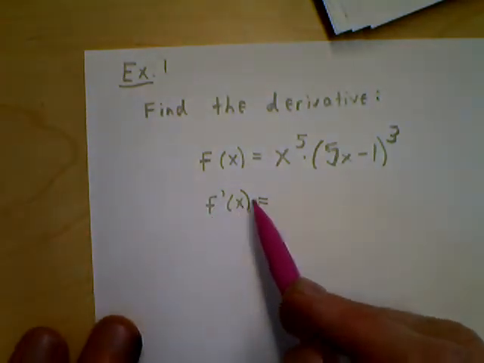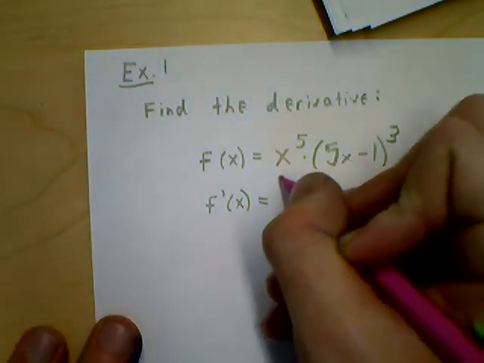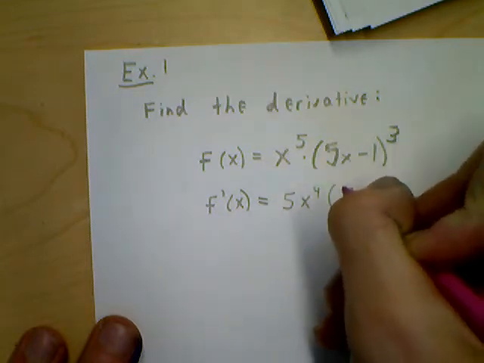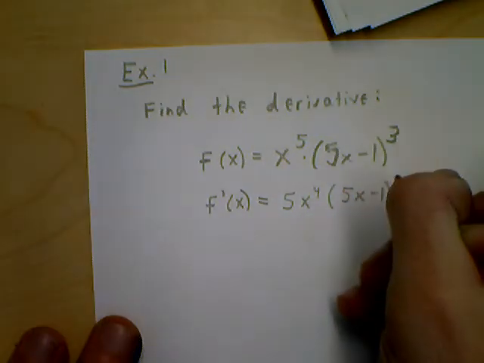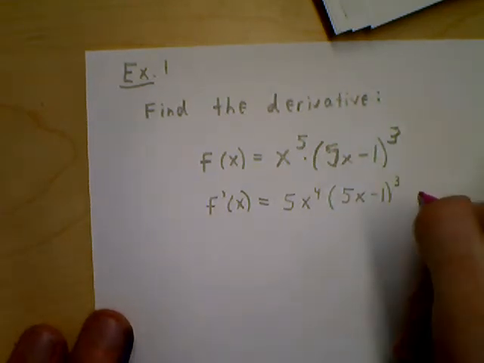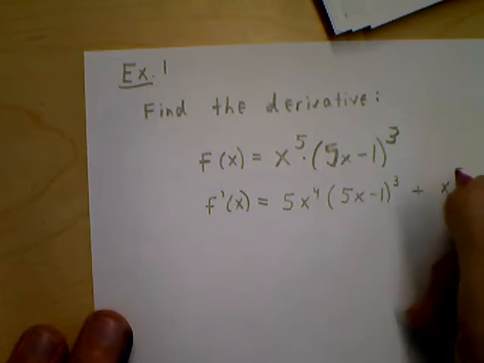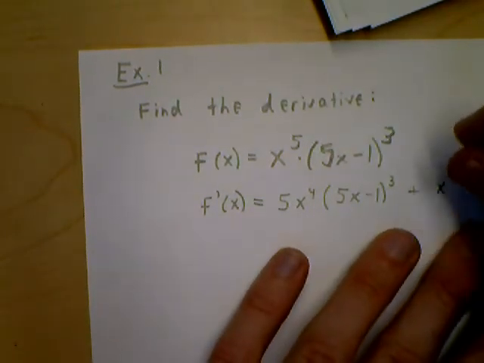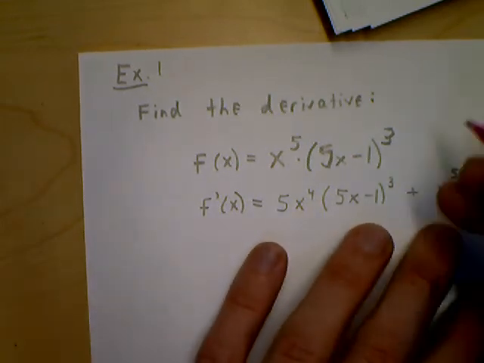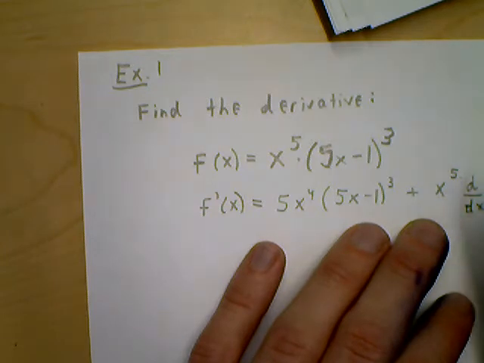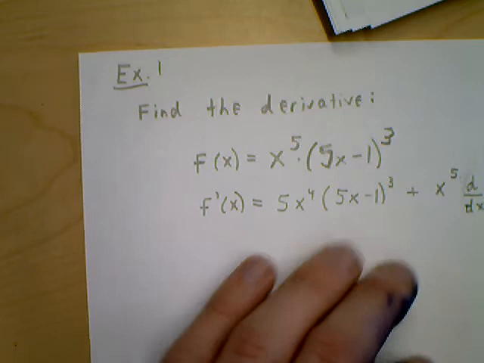F prime of x equals, take the derivative of x to the fifth, you get 5x to the fourth times 5x minus 1 to the third, plus x to the fifth times the derivative of 5x minus 1 to the third power.